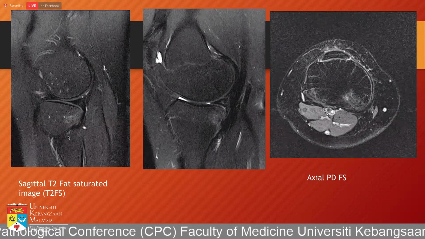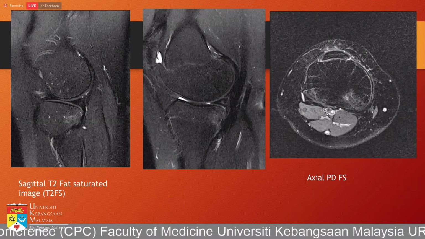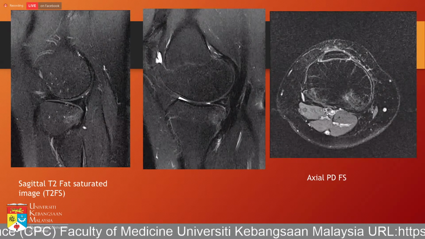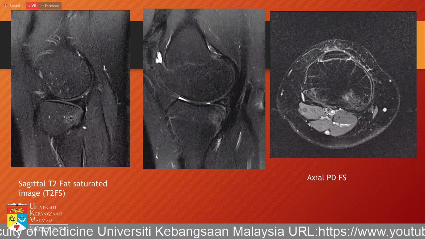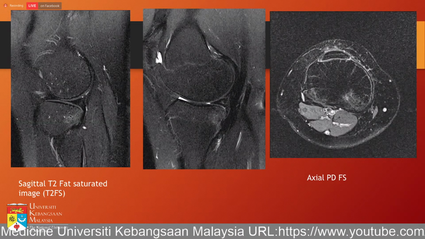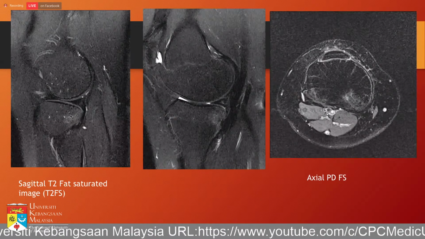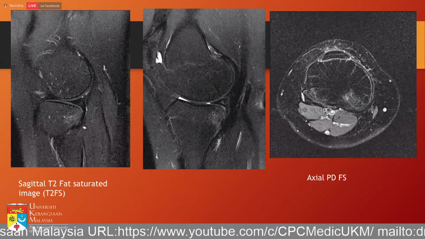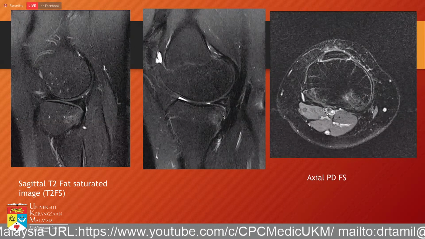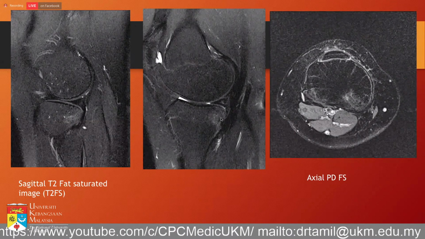In this patient, this is from the lateral aspect, so you can see the fibula here, the tibia, and the lateral femoral condyle. You can start to see a hyperintense, bright signal at the posterolateral aspect of the tibial plateau. As you move to the middle aspect, you can see more of the marrow edema.